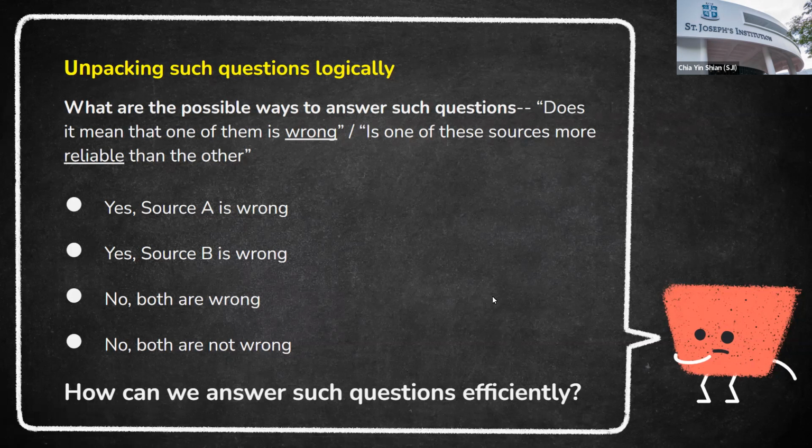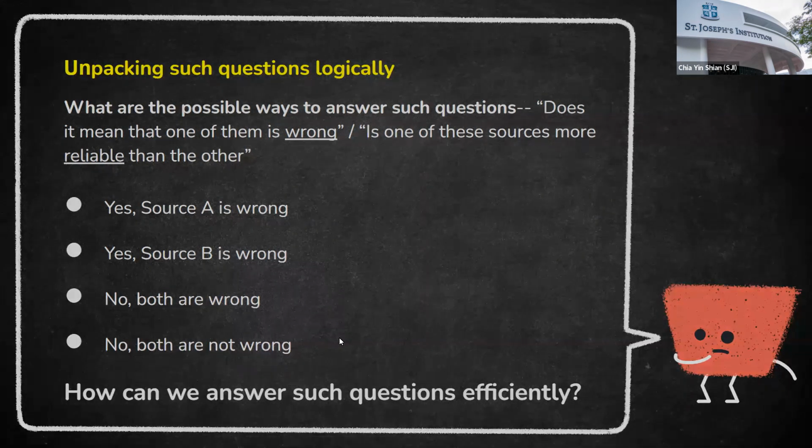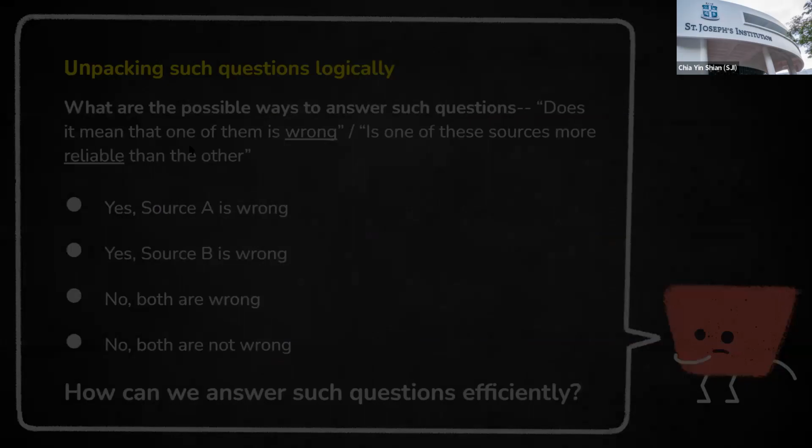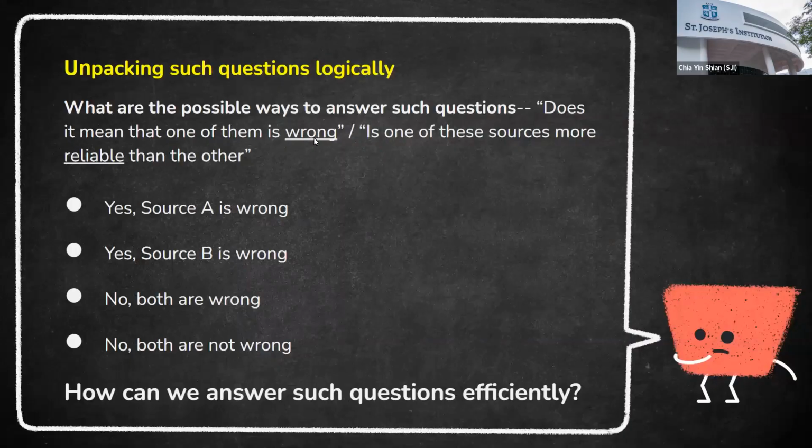So you need to think about how to answer such questions. Are you going to address every single bullet? Well, definitely not. You need to plan before you write anything. Really, these source-based question types do not require a comparison paragraph because they're really asking you, is any one of them wrong?